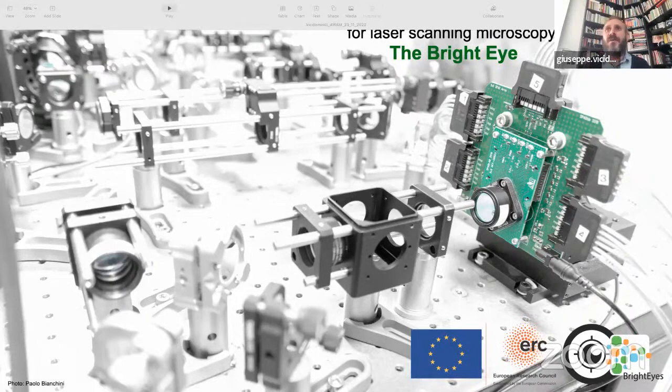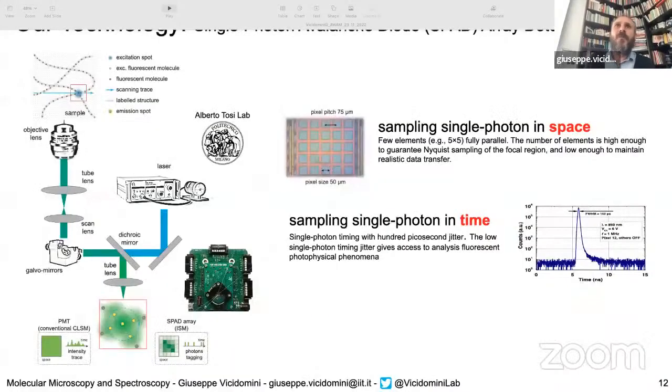And I will try to show you how with this detector we can now solve this limitation. First, I need to tell you a few details about this detector. I will not go too much into the detail. I can provide you the literature to do that, but I need to explain two very important features.